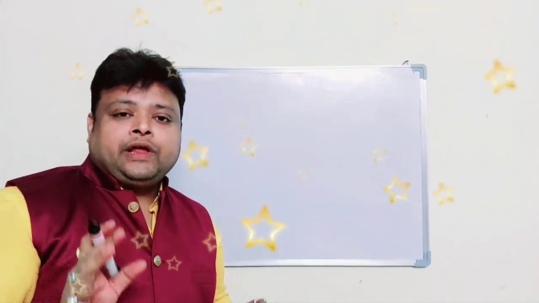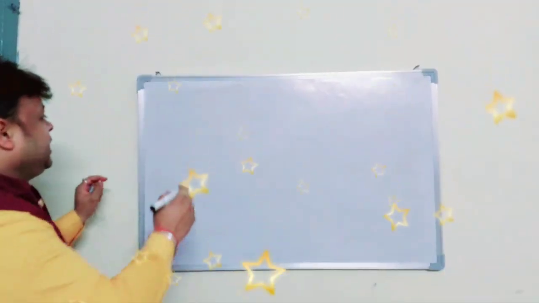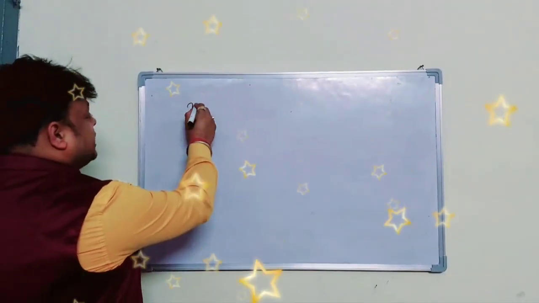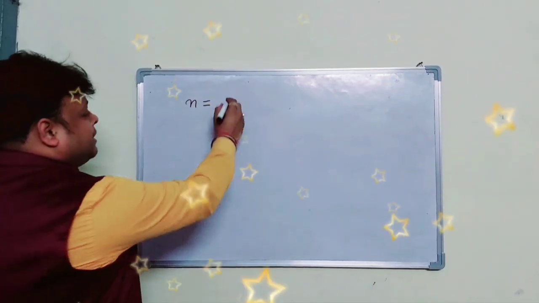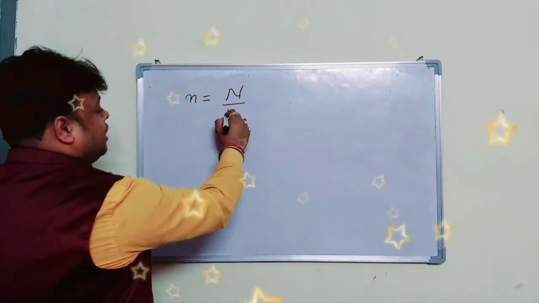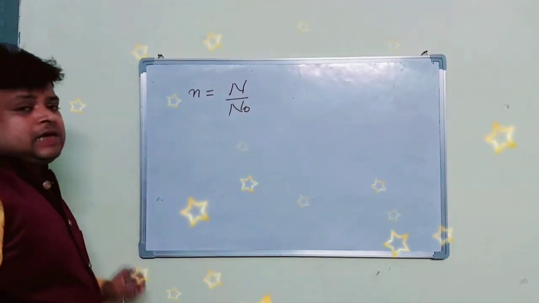Is it clear? Right? When the number of particles is given, how can you calculate the number of moles? So you see, the formula is n equals capital N upon small n0. Understand this formula, right?